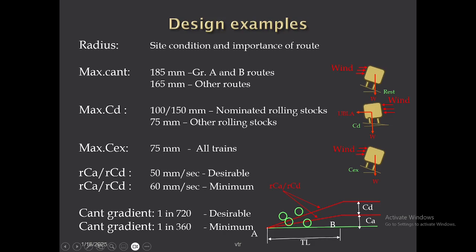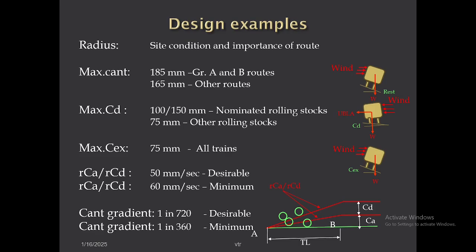And at the same time, if we exceed the limit, it is unsafe also, because with the twist exceeding a certain limit, the diagonal wheel gets offloaded. Because of the offloading, there is a chance of derailment; it will go out of path.